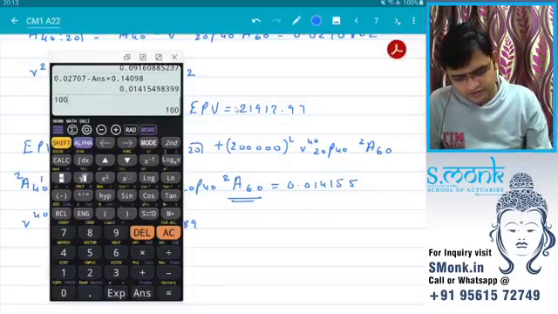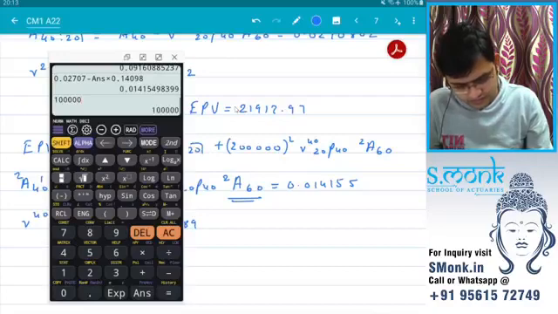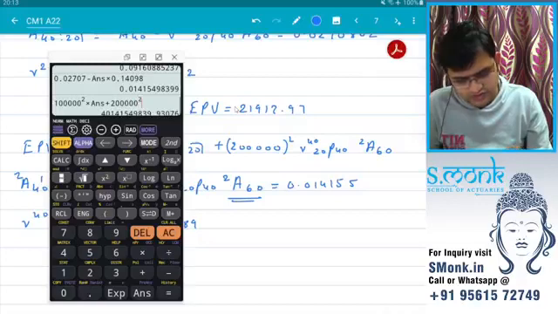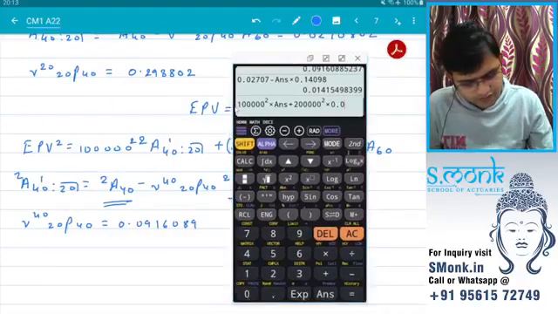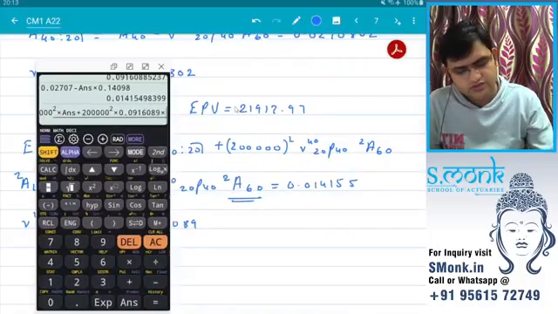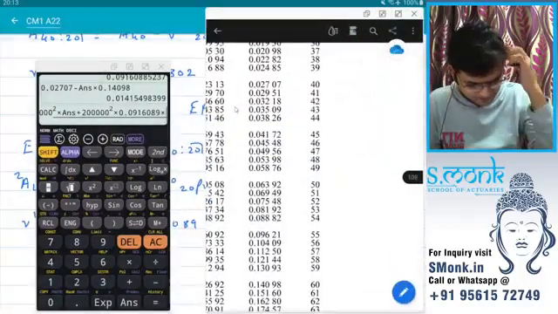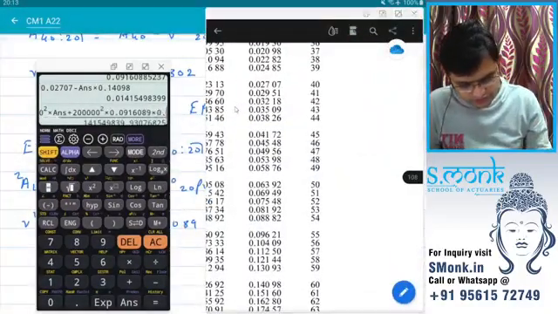We'll have 100,000 square into answer, plus 200,000 square into 0.0916089 into 2A60, which was 0.14098.